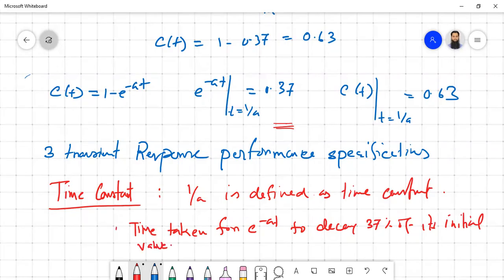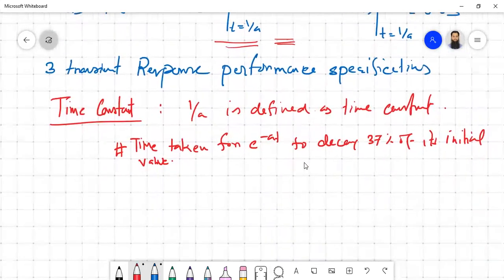So e to the power 0 was actually 1. Now e to the power minus at, while t tends to 1 by a, is basically 0.37. So from 1, it is reducing to 0.37, 37% of its initial value. So this is one way to define the time constant.